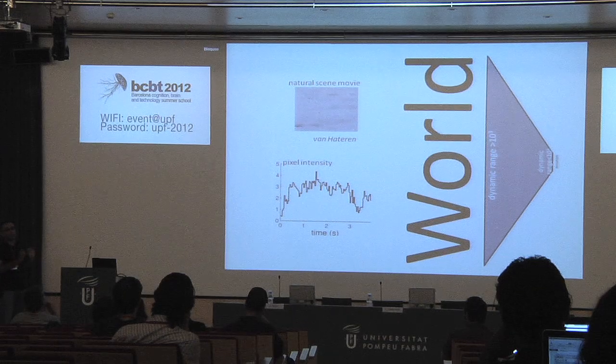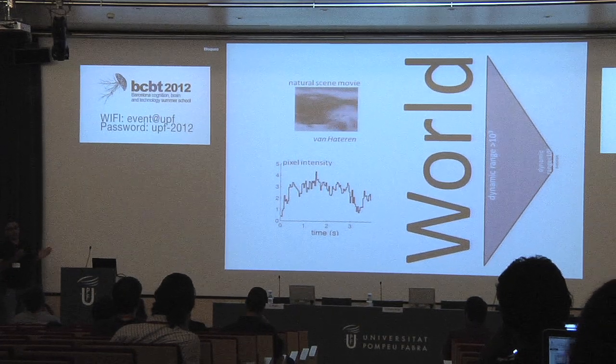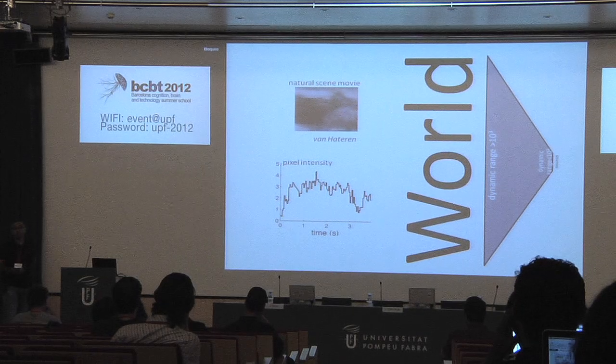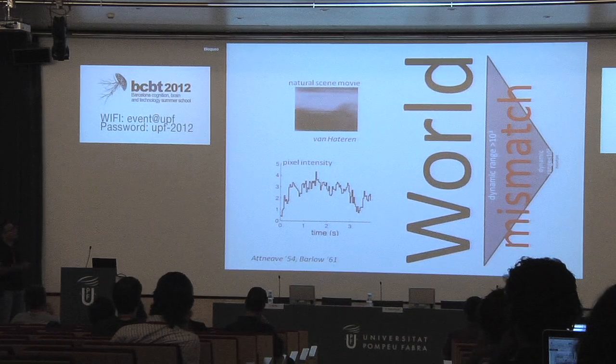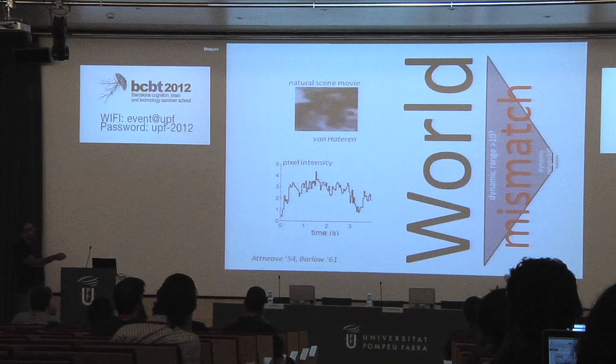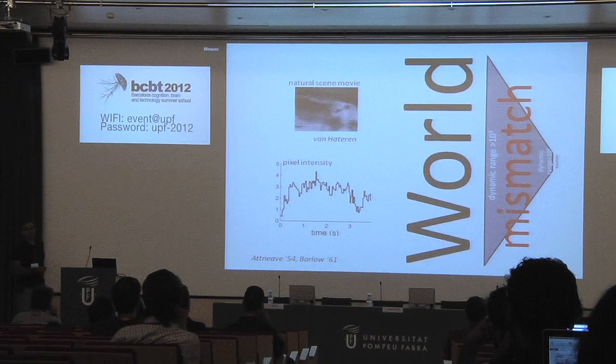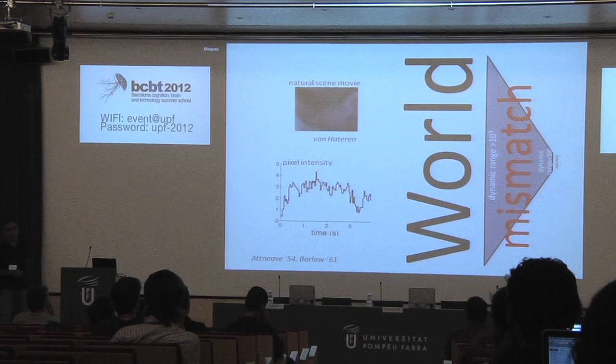And let's give it 1 second to make a call. Then there are about 100 levels that it can use. It's still much smaller than the dynamic range that it is faced with in the natural world. So there is a major mismatch between the dynamic range of the sensory stimuli in the world and the dynamic range of the ganglion cell that transmits that information.